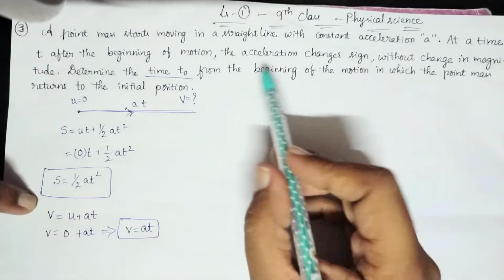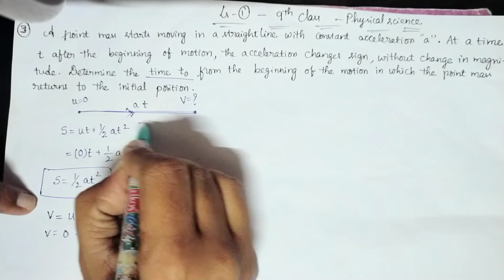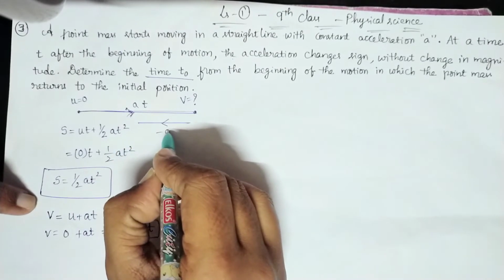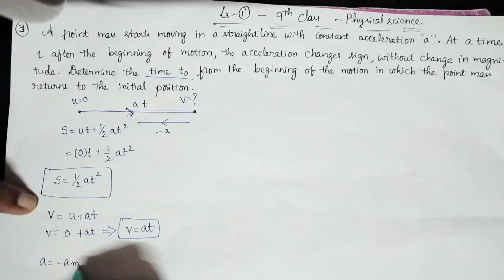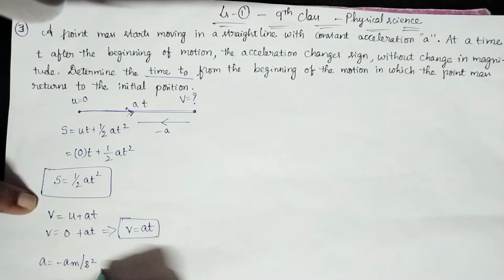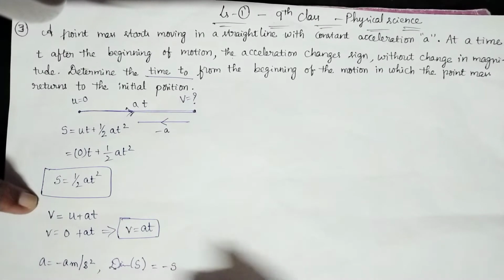Now in the problem, what is given? The acceleration changes its sign. That is, a is equal to minus a meter per second square, and the displacement s also changes to minus s.